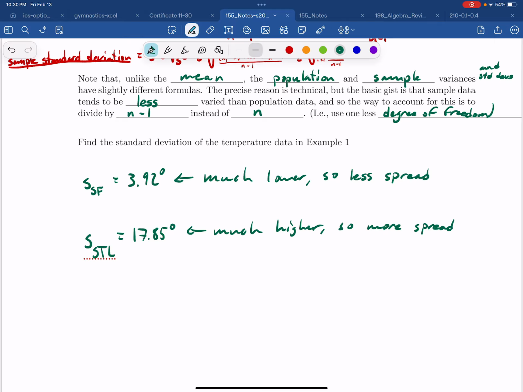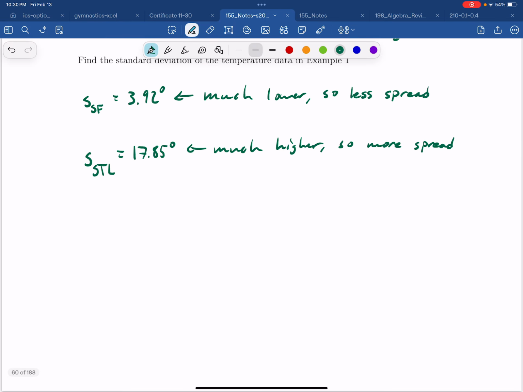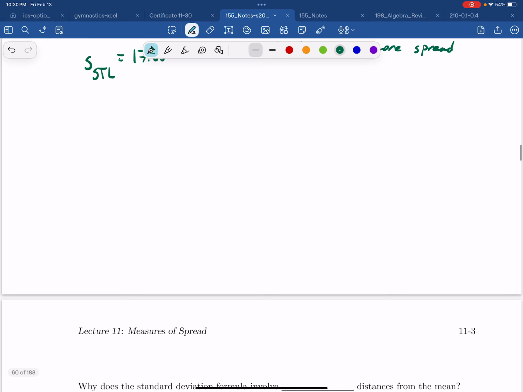Basically, the further away it is from 0, the more spread there is in the data set. So this is a good confirmation that yes, in fact, our eyes do not deceive us. The St. Louis data is in fact much more spread out than the San Francisco weather data.